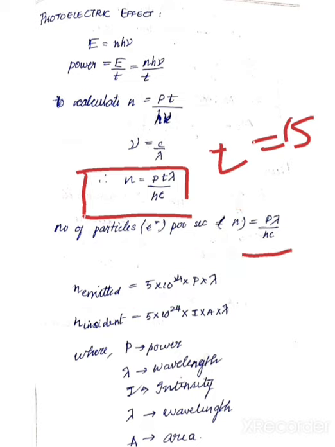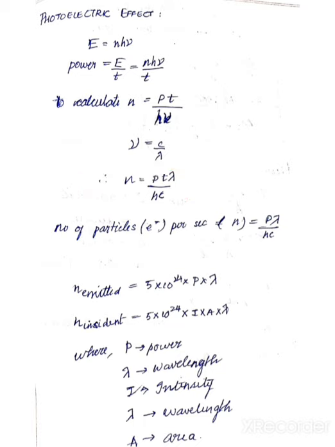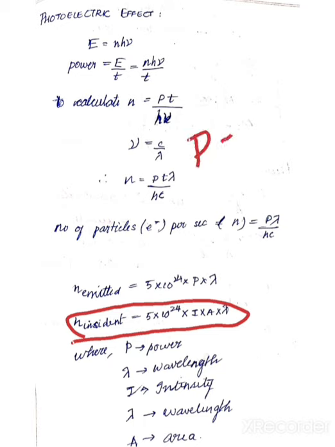For finding the number of particles incident on a given area per second, you have to use the formula 5 into 10 power 24 into I into A into lambda, where I stands for intensity and A stands for area. Here we replace power as I into A from the previous formula.